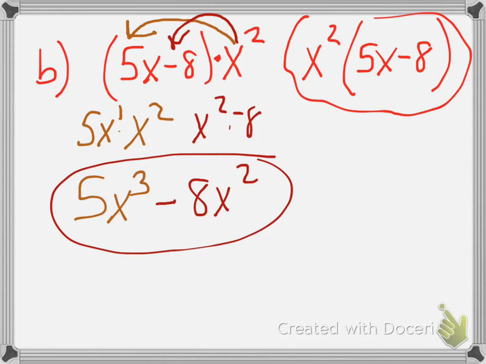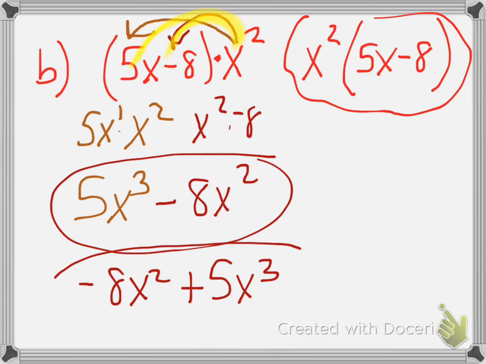If you distributed this one first and then this one, your answer would be negative 8x squared plus 5x cubed. So both of these answers are correct. Notice that the negative 8x squared is the same in both. So the signs go with those numbers.